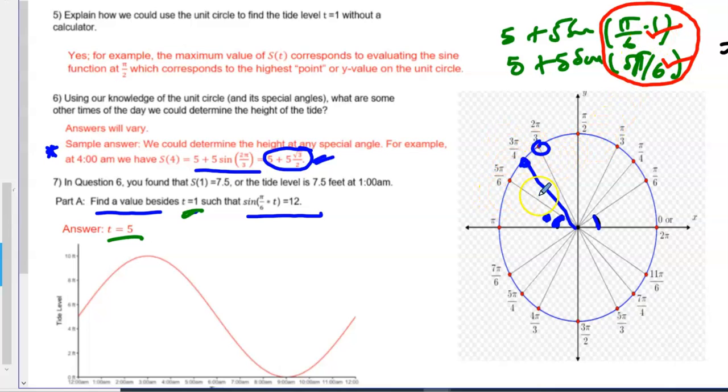For example, when we put t equals 5, we get 5 pi on 6 here, and sine 5 pi on 6 is 0.5, just like pi on 6. And so that answers question 7.